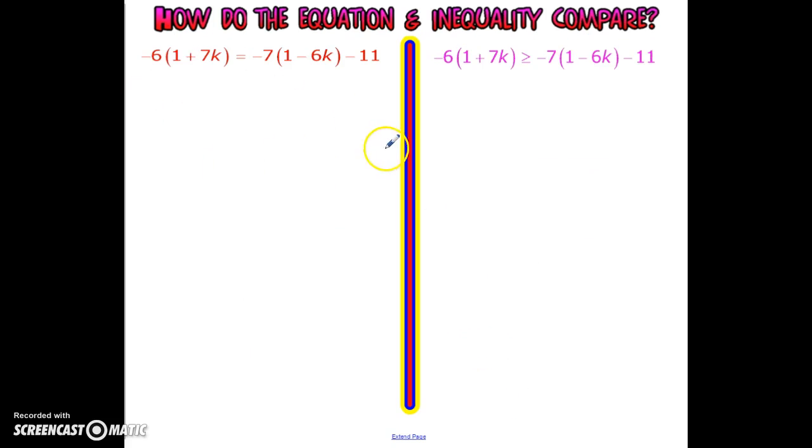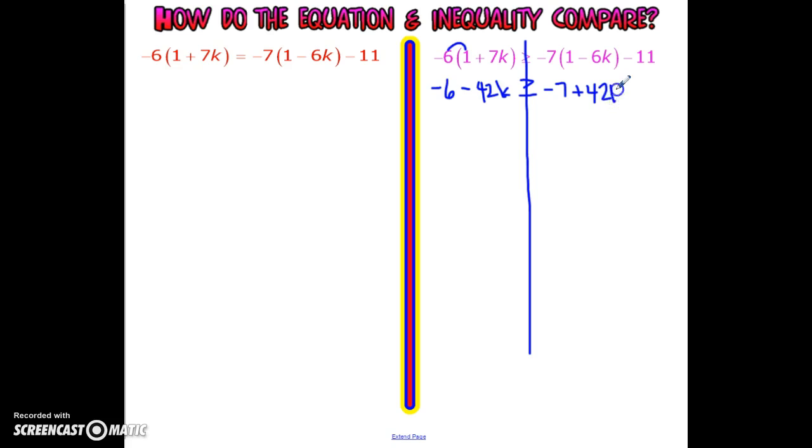Let's move on to number 4. This one has a lot of little parts. So first we're going to distribute -6 minus 42k greater than or equal to -7 plus 42k minus 11.